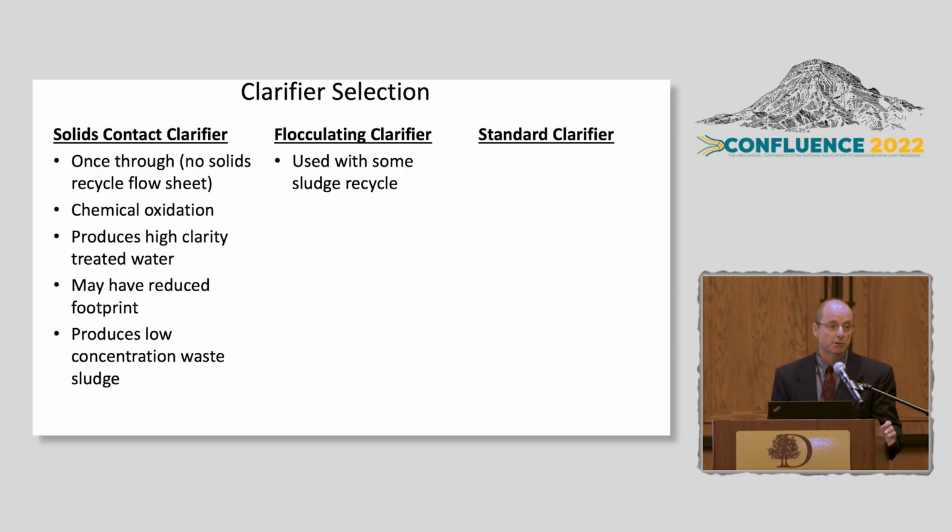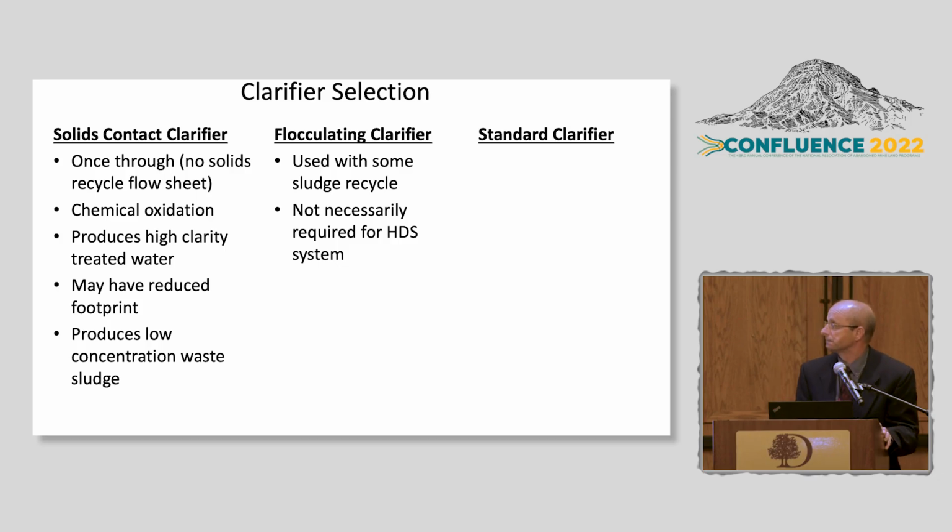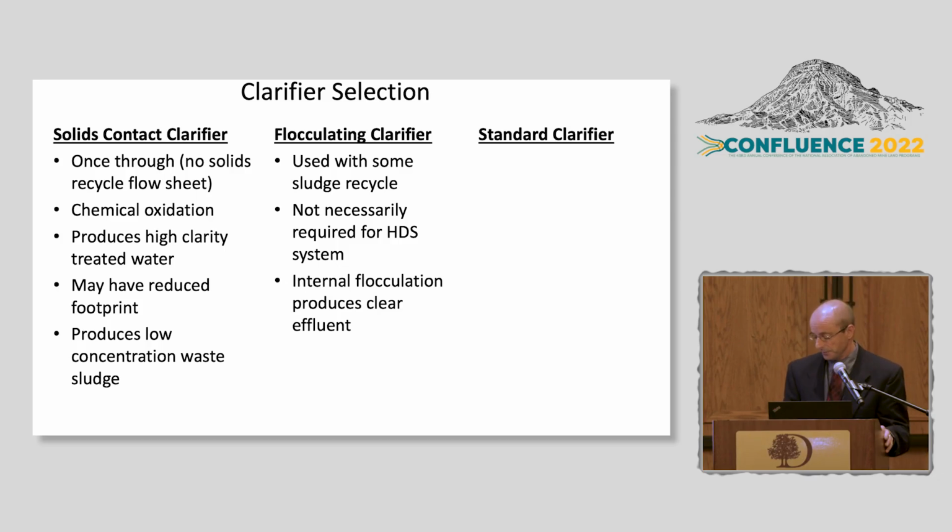With an HDS process where you get a very high concentration going to the unit, it's probably not that much of an advantage. It still would be helpful, but it's an added cost that probably isn't needed, and flocculation without the mixer is probably just fine. Again, with the extra flocculation, you're producing a clear overflow, but unlike the solids contact clarifier, you can actually produce a thick underflow as well, so there's a benefit.